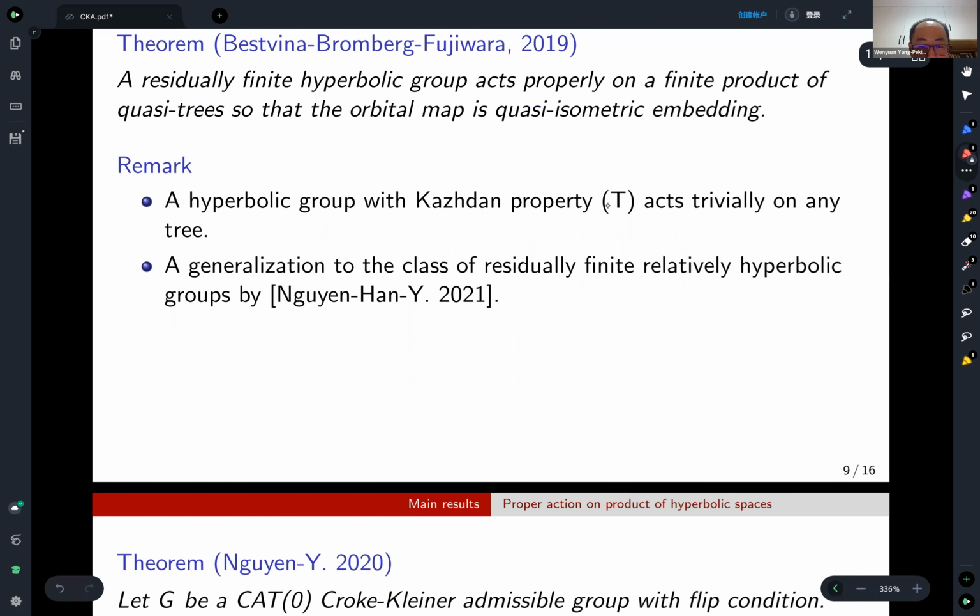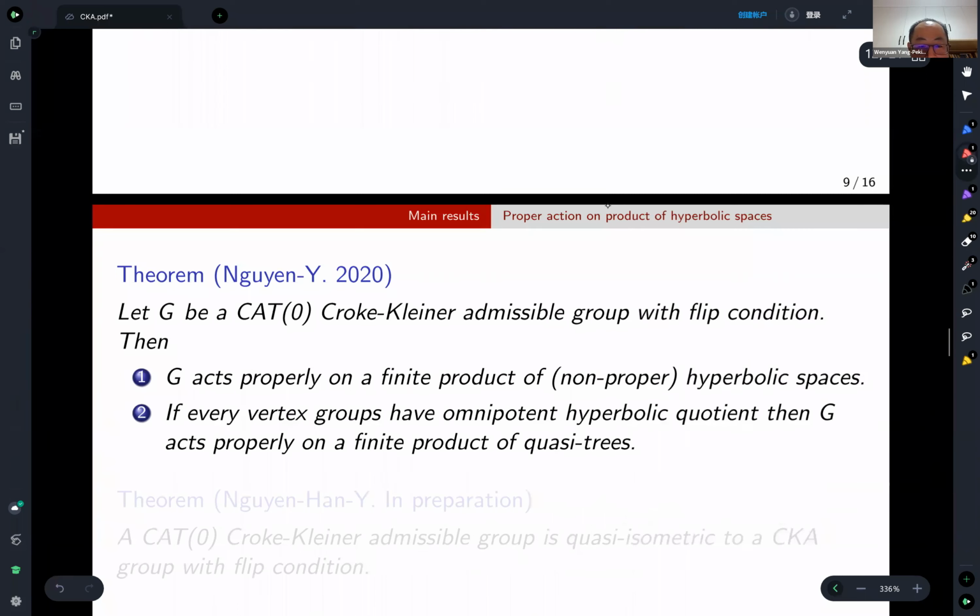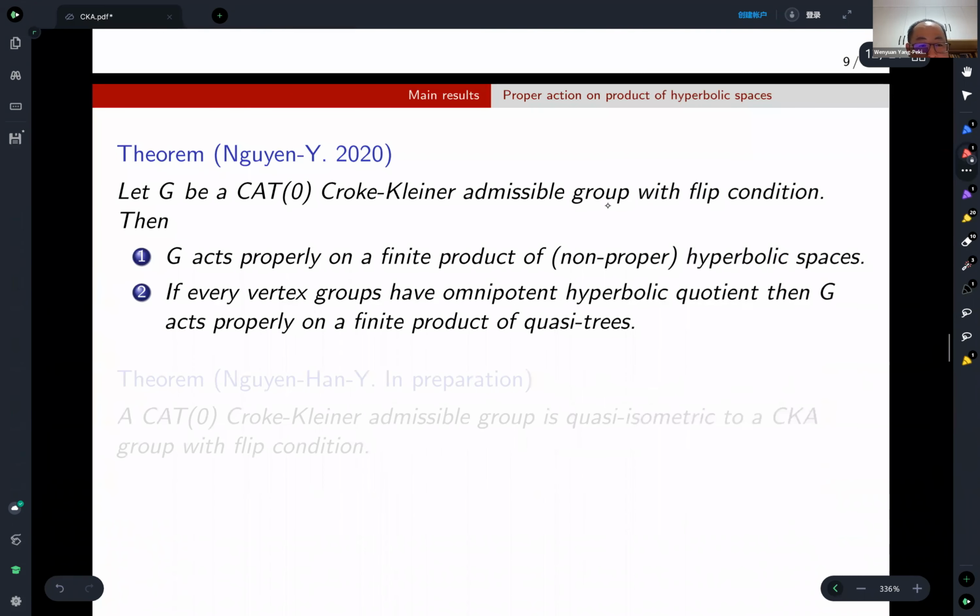So now let me state our second result. Here, we again consider a CKA group, and now we assume the flip condition. Then this group G must act properly on a finite product of non-proper hyperbolic spaces.